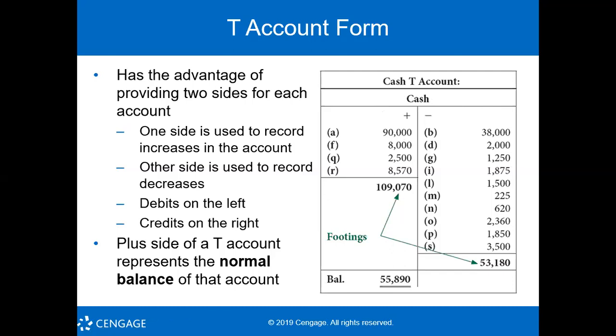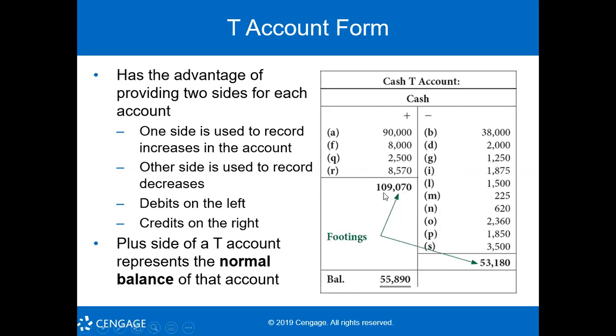So now we're looking at our cash account, and it's showing us all of the ins and outs, or all of the dollar amounts of transactions that have happened, okay? The balance of an account is always the difference between debits and credits. So if you see here, we've got debits, which are increases to cash.